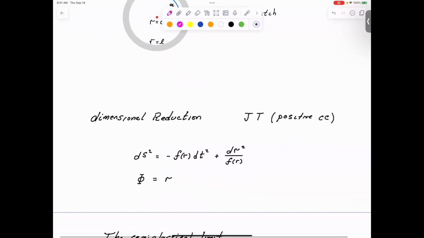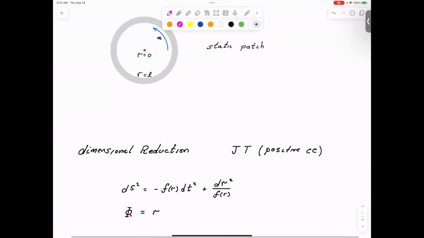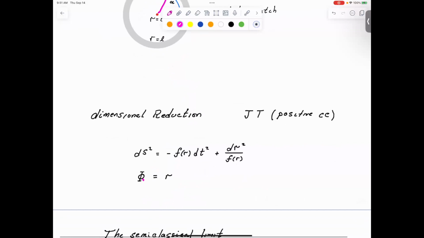It gives rise to a theory with a metric, which is just a two-dimensional de Sitter metric, and a dilaton field, which is proportional to the radial coordinate r. That is a solution of the JT equations of motion with positive cosmological constant. That's what I'm calling JT with a positive cosmological constant.